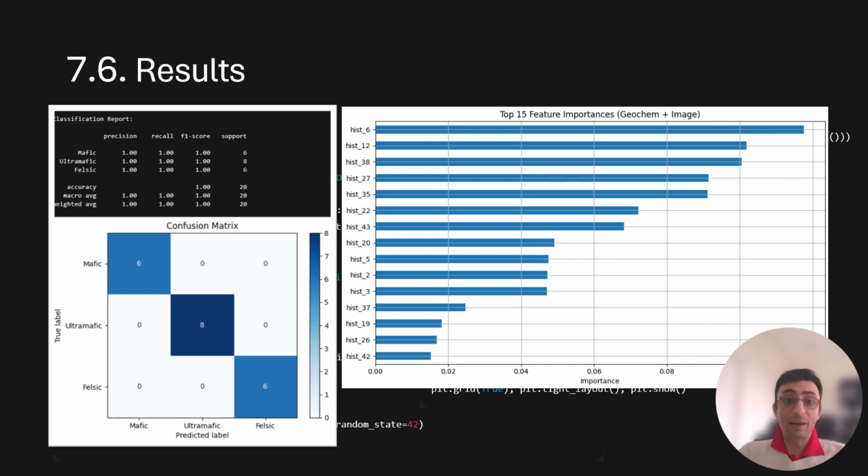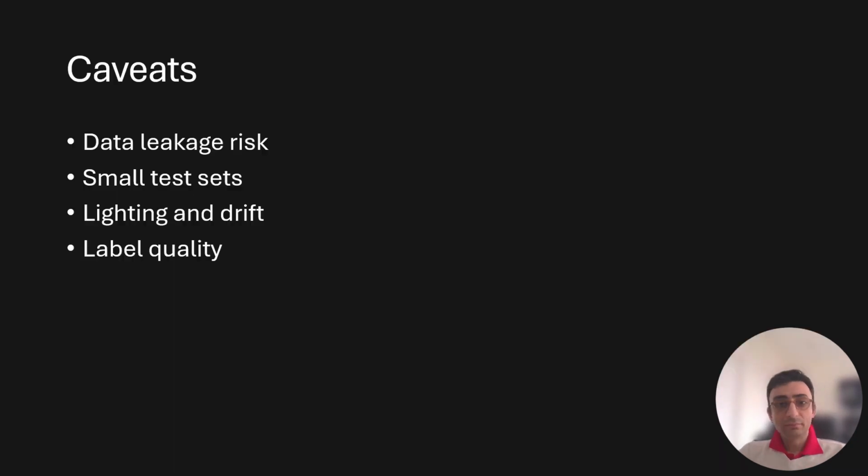Each histogram feature is one intensity bin from R, G or B, and together they capture a broad color balance. That lines up with geology, the felsic versus mafic versus ultramafic cores. These often differ in overall tone and oxidation staining. This is the entire workflow, but there are some caveats.